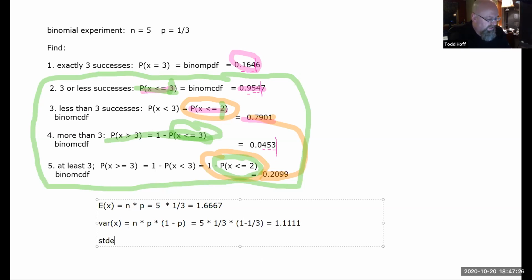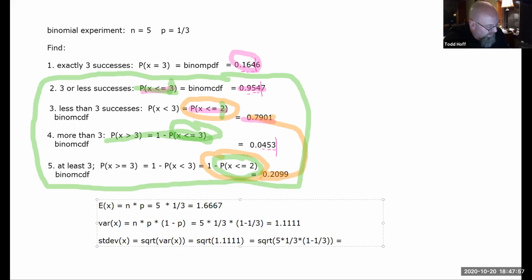Standard deviation of x is just the square root of the variance. So the square root of that 1.1111. Now, typically, I would just do the square root. I don't stop at the variance. I would be doing the square root of 5 times 1/3 times 1 minus 1/3. And I'd be doing it that way.